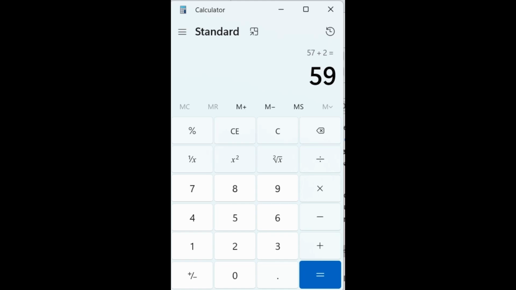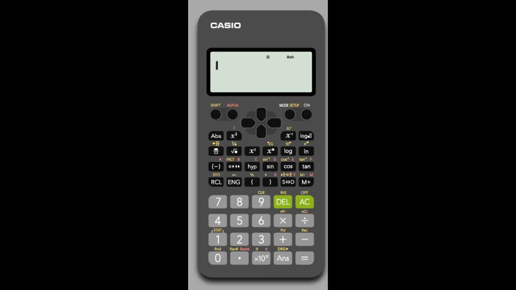I mean, your cell phone calculators, scientific calculators, many calculators will solve correctly without using this immediate execution mode, but you do have to be careful of it.